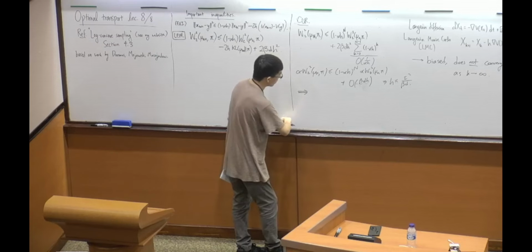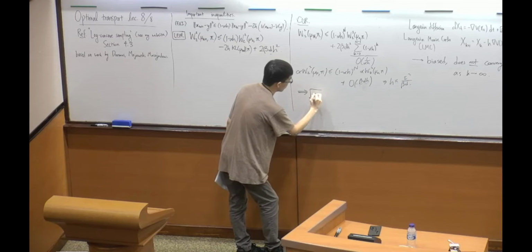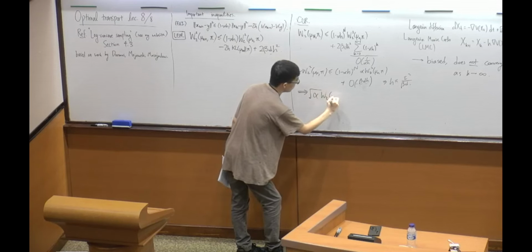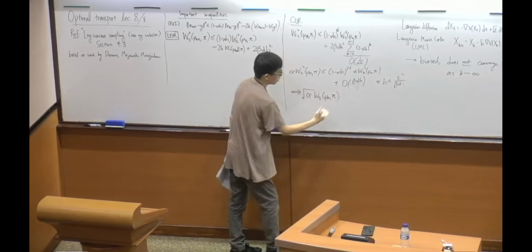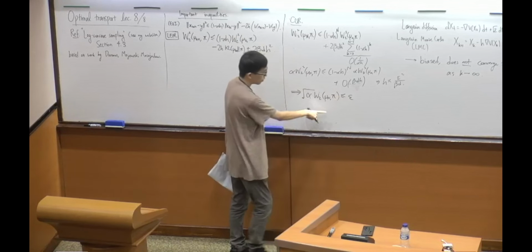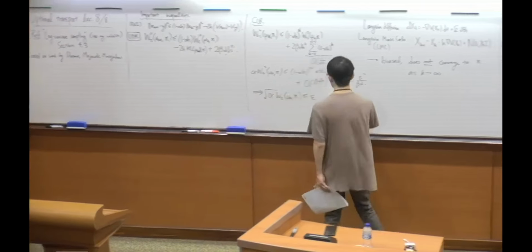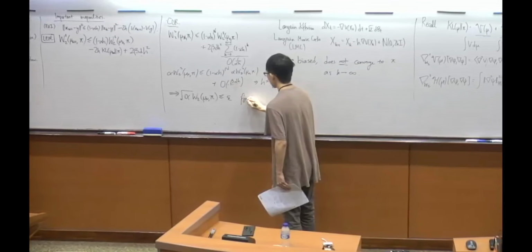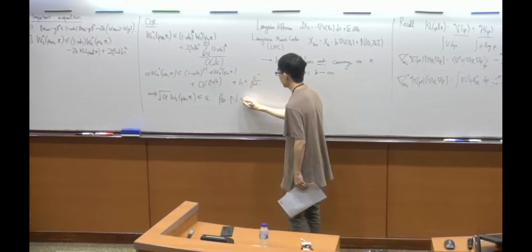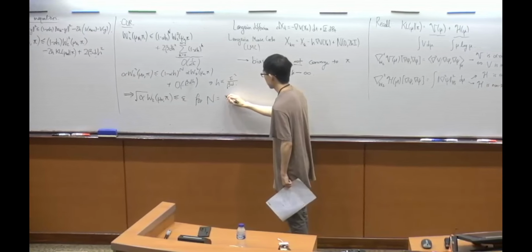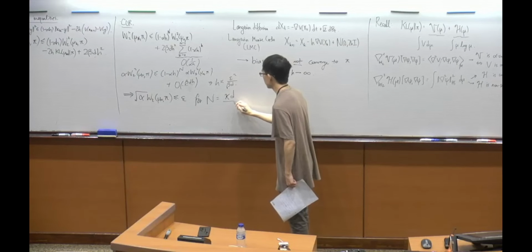So finally, what you get out of this is the number of iterations in order to make this scale invariant quantity, square root alpha times W2 with respect to pi, less than epsilon, which is kappa times the dimension.